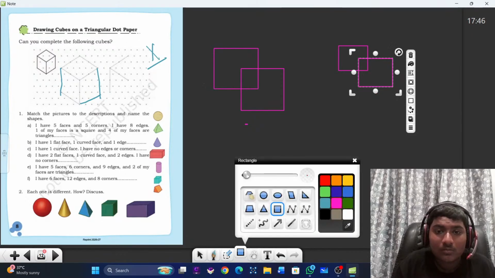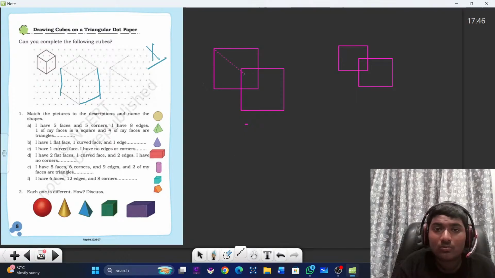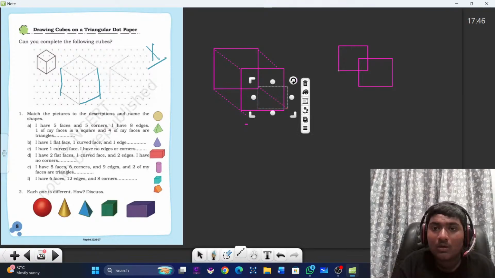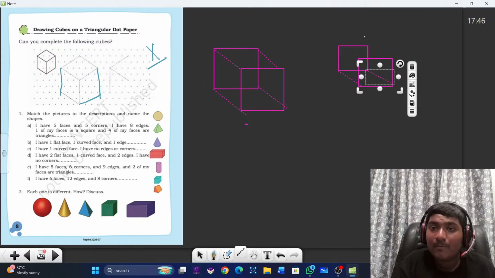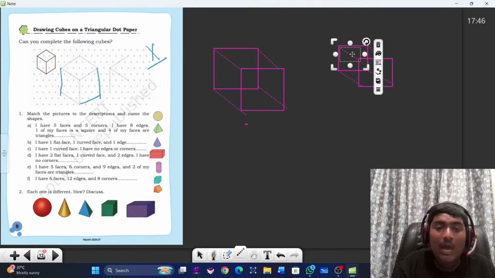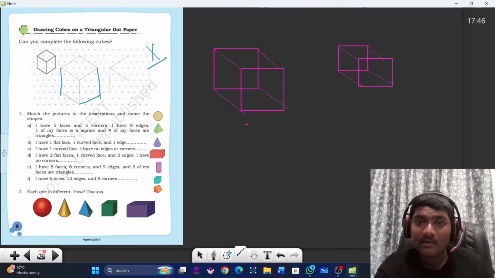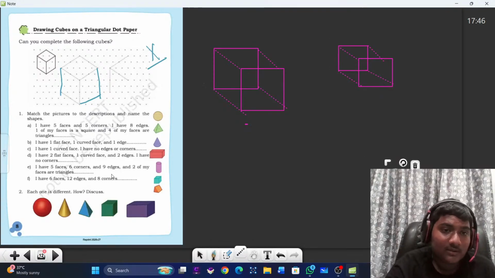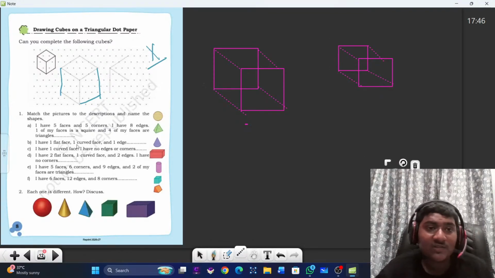Yes, sir, I am going to show you. Draw in this way. If there is any error, please let me know, children. I am unable to draw with the pen tablet on the screen. Please understand. Match the pictures to the descriptions and name the shapes.